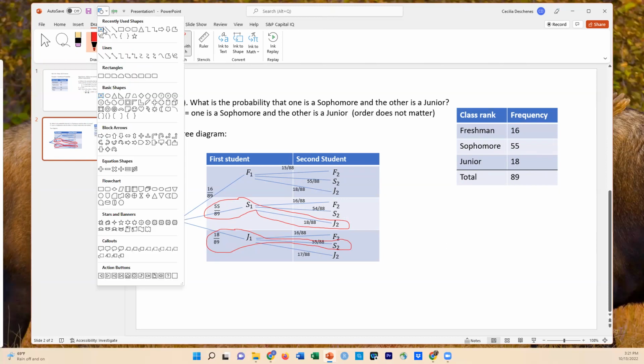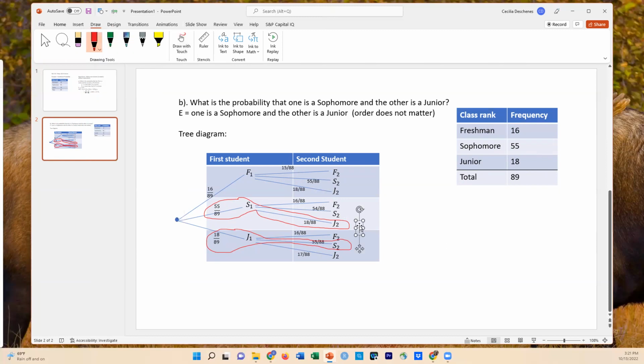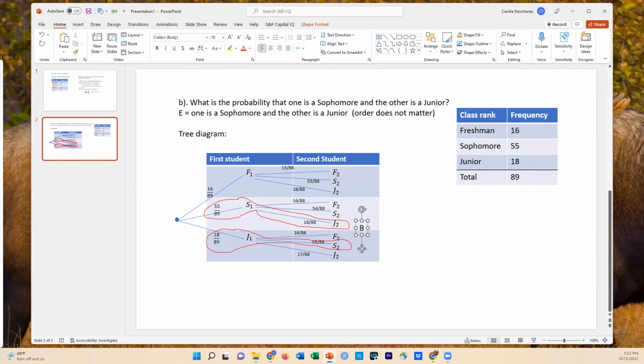So let's call the first way we could do this B1, and we'll call the second way B2. We just want to identify the branches where we have the satisfaction of our event.